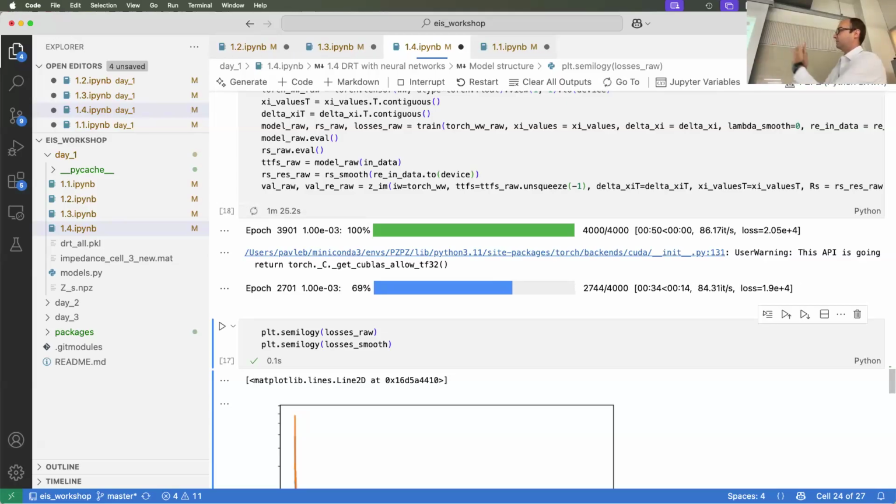There are now several questions popping up. Why 4,000 iterations? Why not 4 million iterations? And then this will last 10,000 times more or whatever. We're going to see the losses now and discuss what this means.